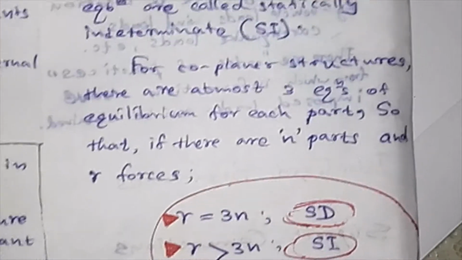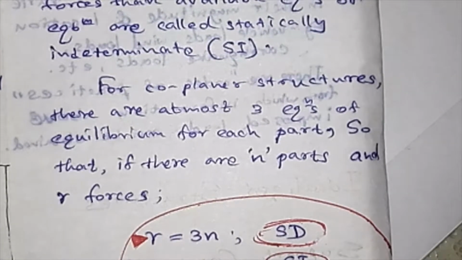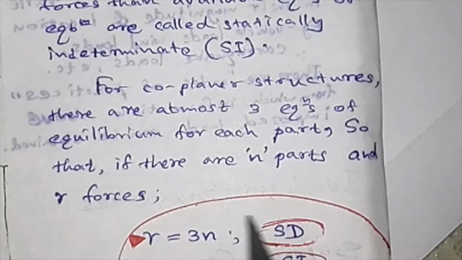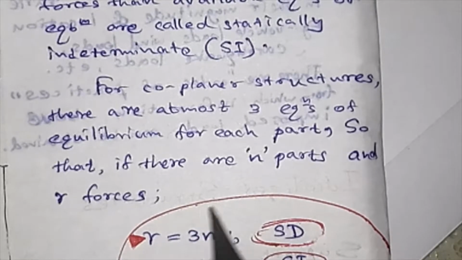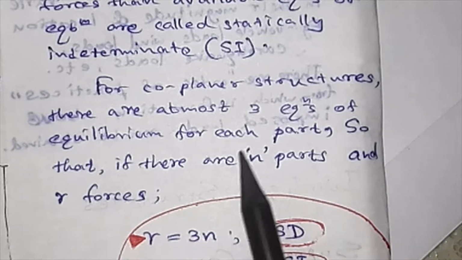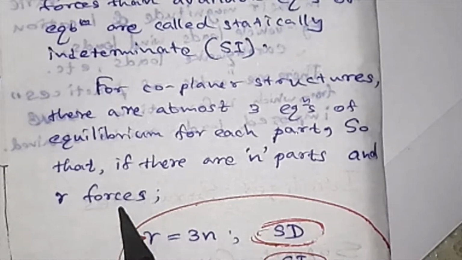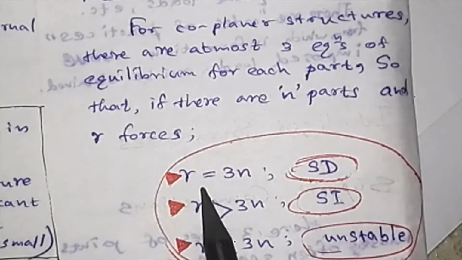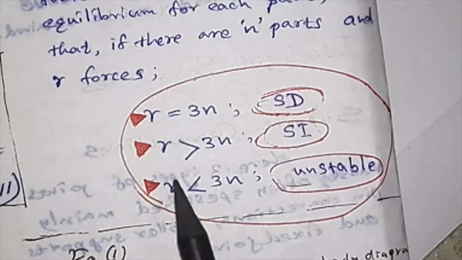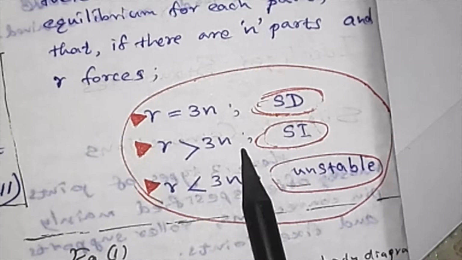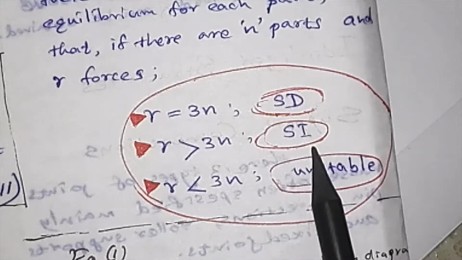For coplanar structures, there are at most 3 equations of equilibrium for each part, so if there are n parts and r number of forces: if r is equal to 3n, that is statically determinate. If r is larger than 3n, that is statically indeterminate.